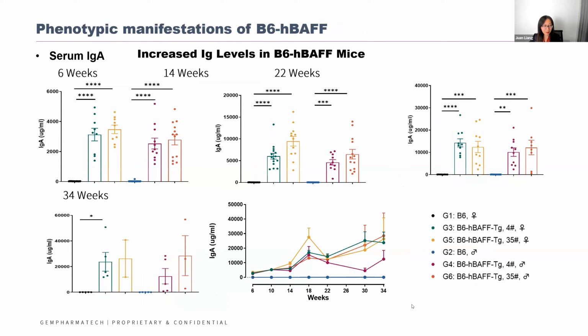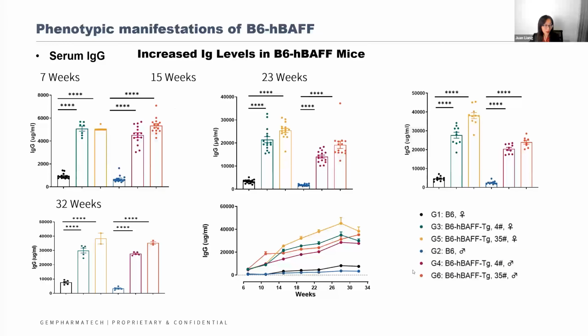And we also observed similar results for the IgE level in serum. The IgE level in the TG mice was also increased at 6 weeks, 14 weeks, 22 weeks, and also 34 weeks. The IgE level in the serum increases gradually as the transgenic mice age.